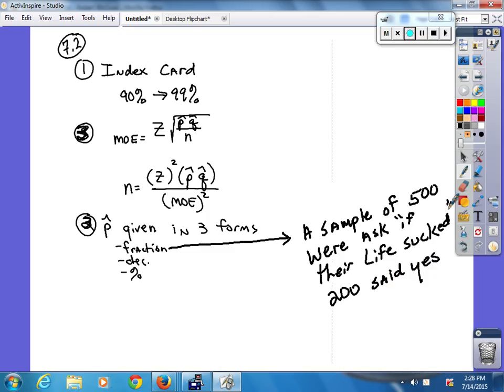Okay? That's a fraction. What is the fraction? 200 over what? 500. Okay, so that's one way.